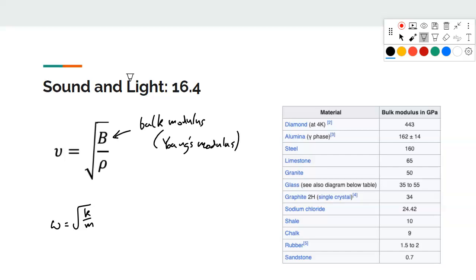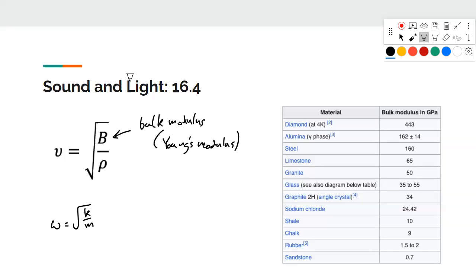So in the same way that k is the stiffness of a spring, so a larger k value, like a k of 1,000 newtons per meter, you're talking about a stiffness like a car shock absorber, similarly, this B tells you something about the stiffness of that molecular structure.